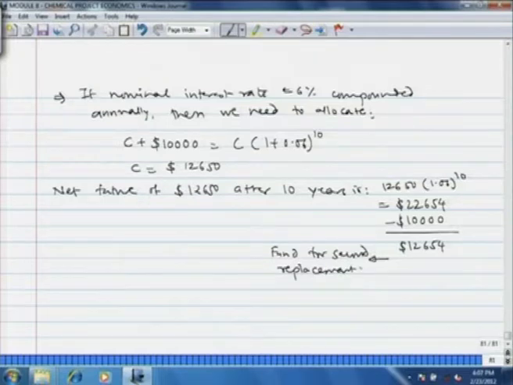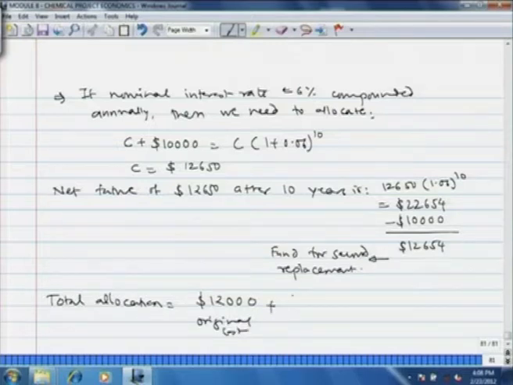Therefore, if we have to keep on replacing the reactor every 10 years, we have to allocate $12,000. Total allocation is $12,000, which is the initial value, original cost, plus the money that we need to invest for replacement, assuming no change in the price, okay, is equal to $24,650.